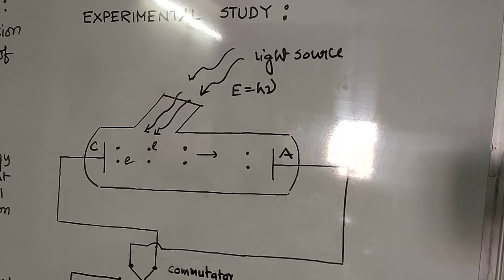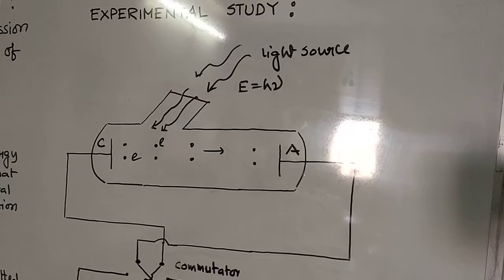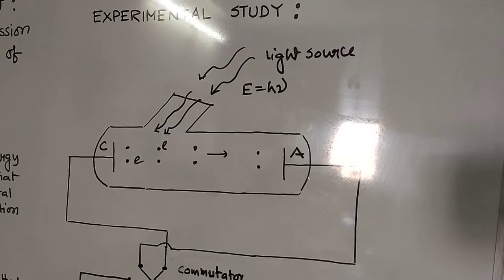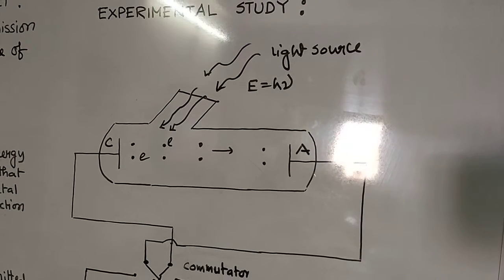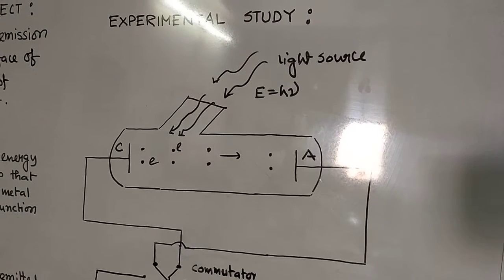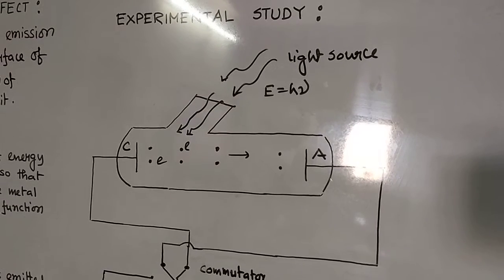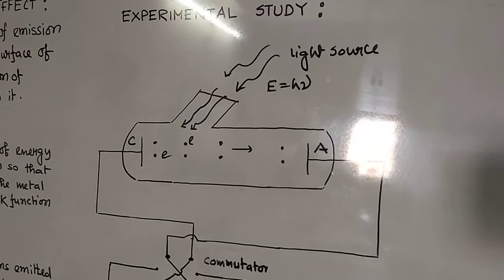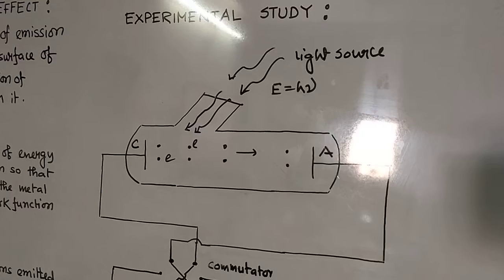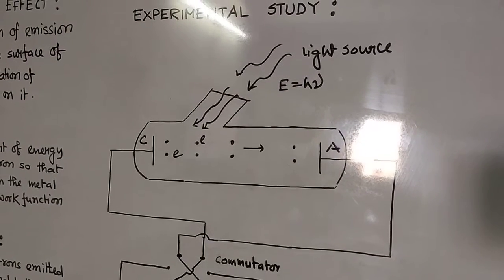So that energy strikes the metal surface C. Now when that energy goes to the electron which resides in the topmost level, that electron gets excited, and if the incident energy is more than or equal to the work function of the metal, then the electron comes out from inside the metal to the surface.